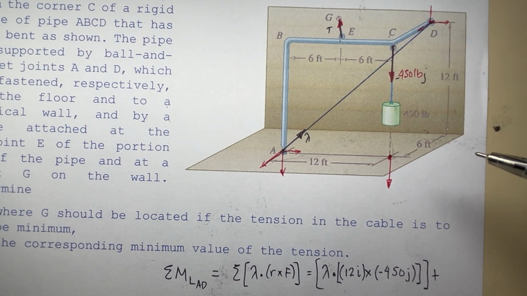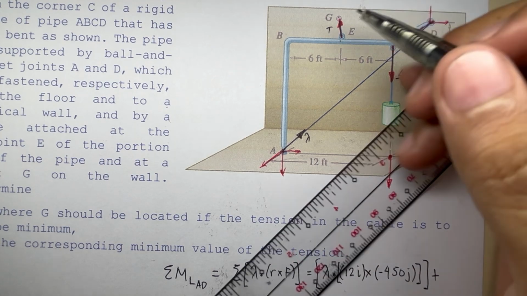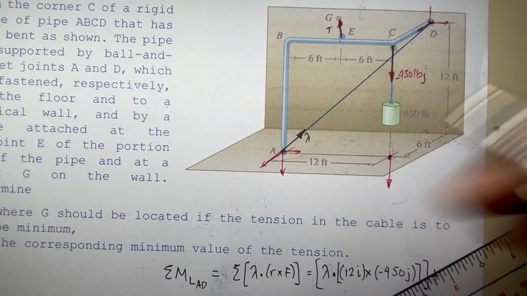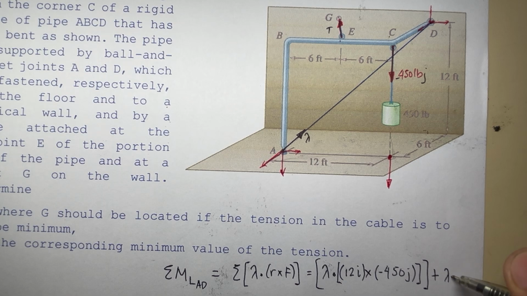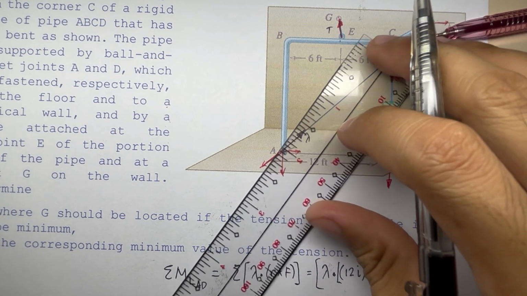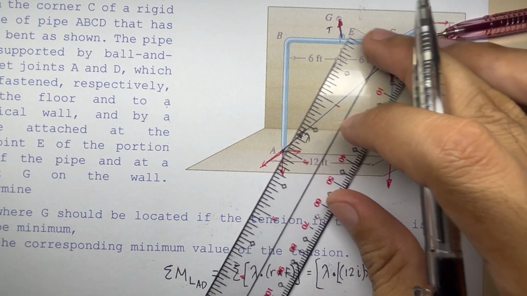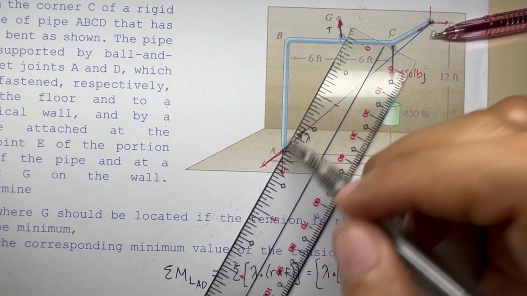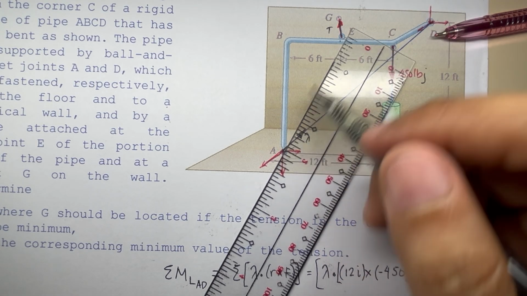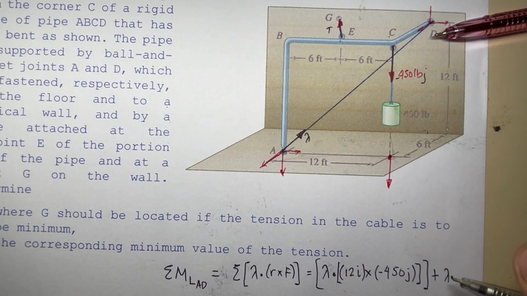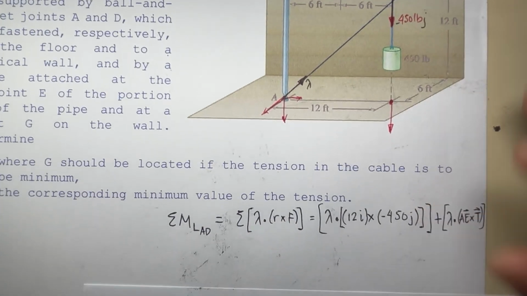How about the tension? Its lambda would be the same. Lambda dot product of R cross F. Its R is from points A to E, so we have vector AE cross product of our vector T. That will be equal to 0. Let's try to expand this expression.